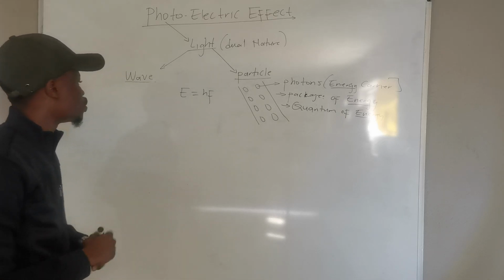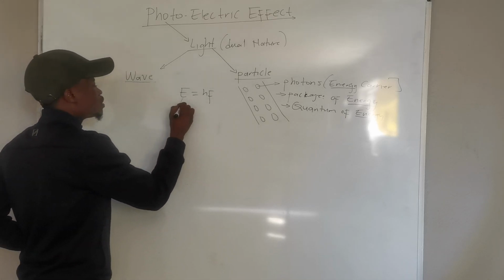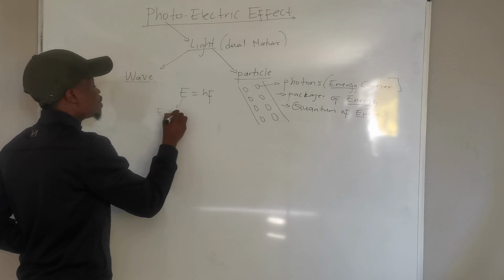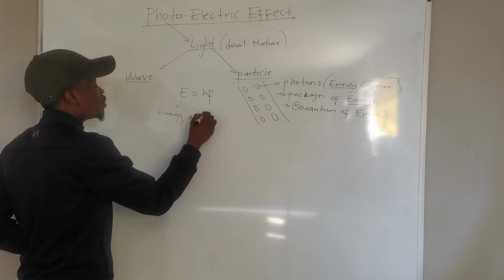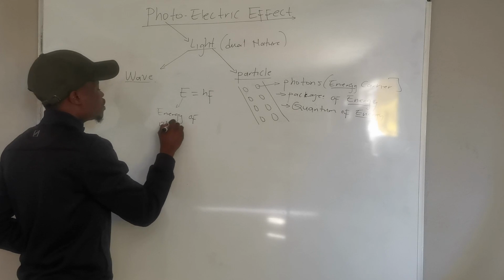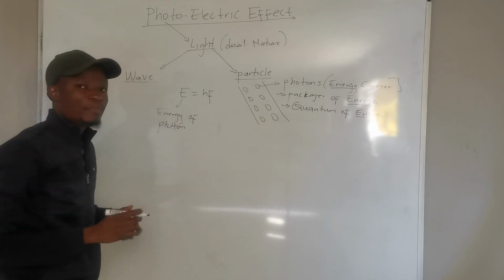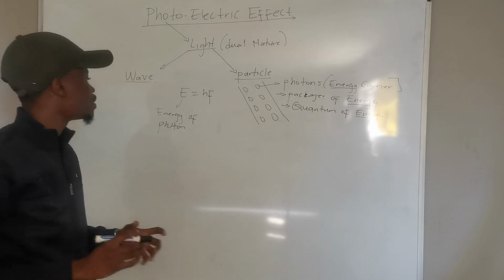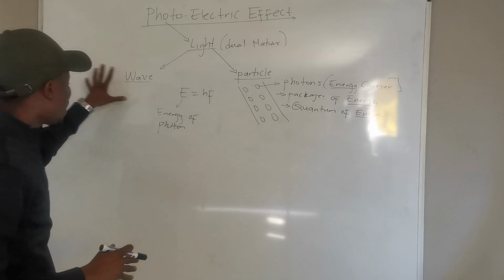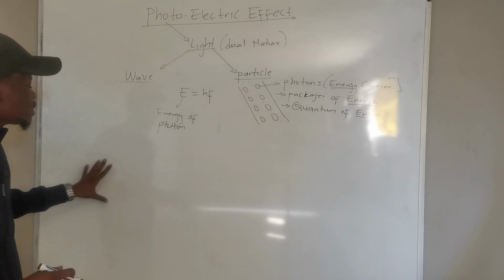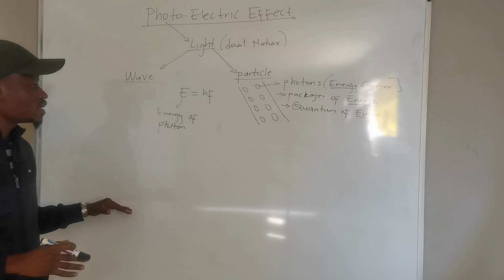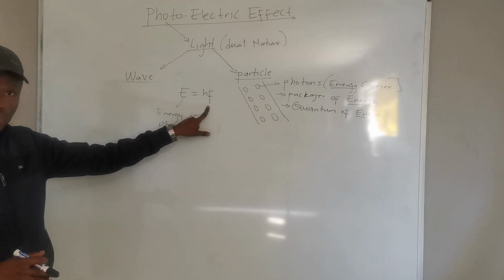By the frequency. This is the energy of a photon. Guys, pay attention to this one. When I was talking about light of different colors, they are going to have different frequencies.